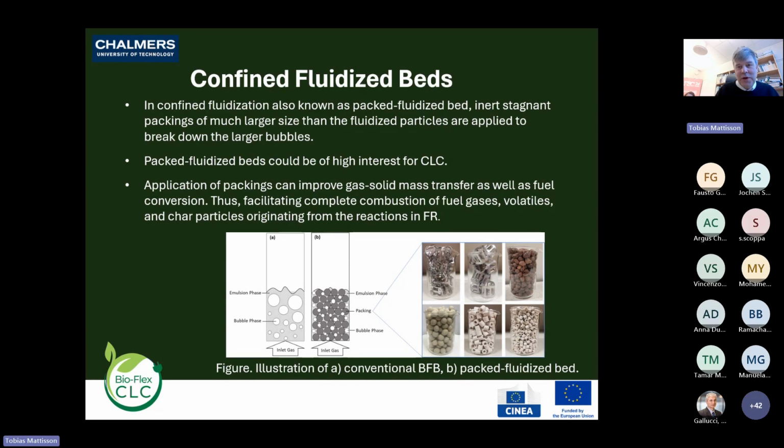So what we're trying to do is to use internal structures in order to break up and obtain a better mass transfer, better contact between the fuel gases and the oxygen carriers in the fuel reactor. This is something that we here at Chalmers and at the CSIC are currently looking into, and which we will also operate at larger scale in the Darmstadt unit, which Jochen mentioned.